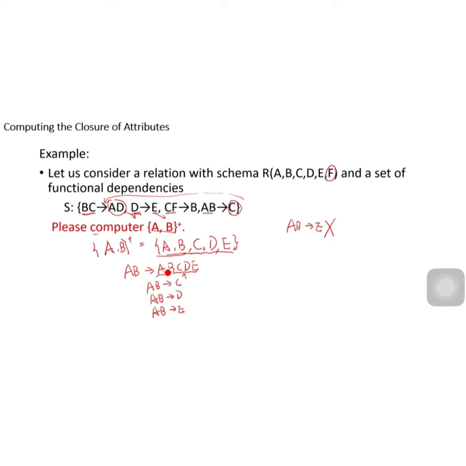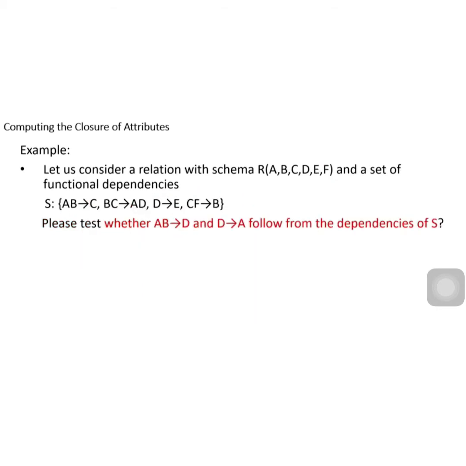And if an attribute is not in the closure, then the FD determining that attribute does not hold. And by computing the closure, we can test whether an FD follows from a set of FDs.